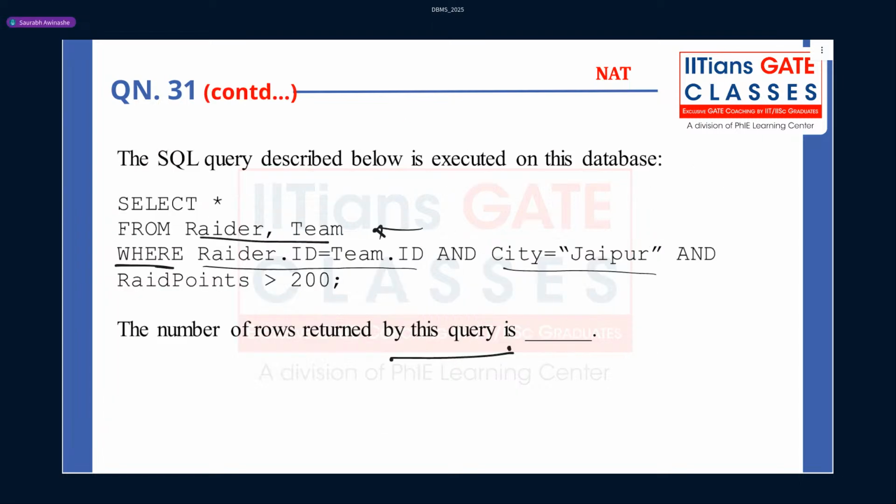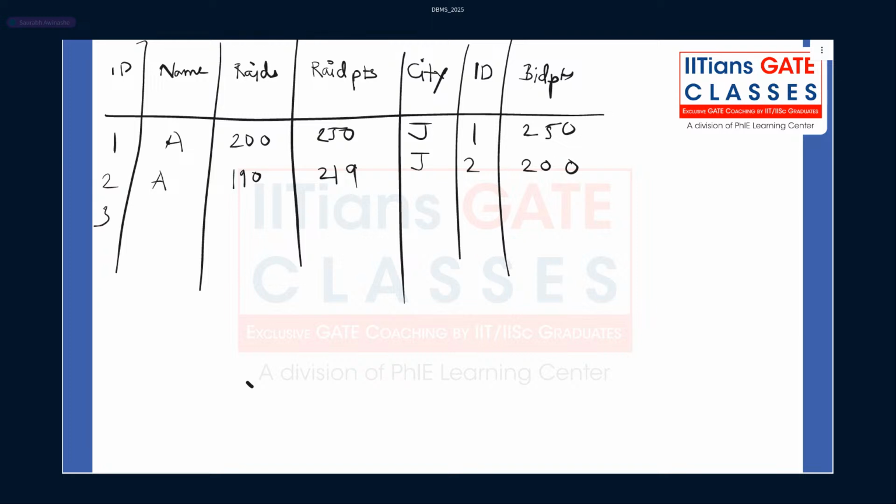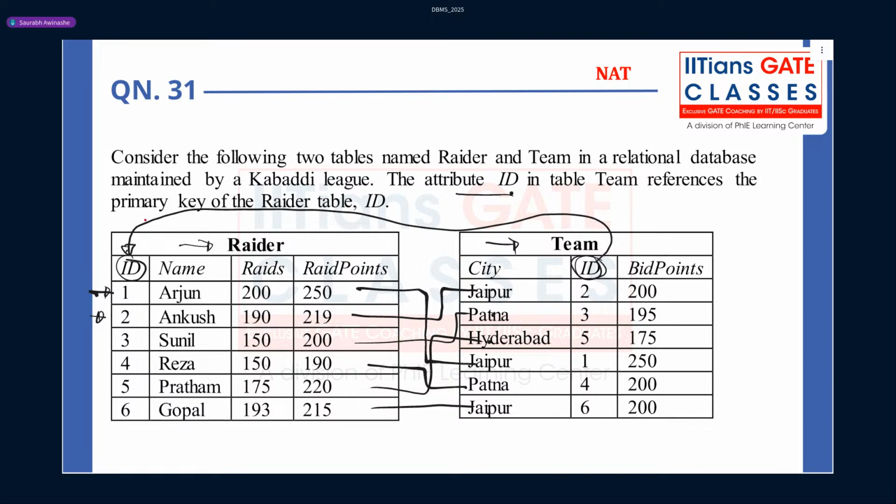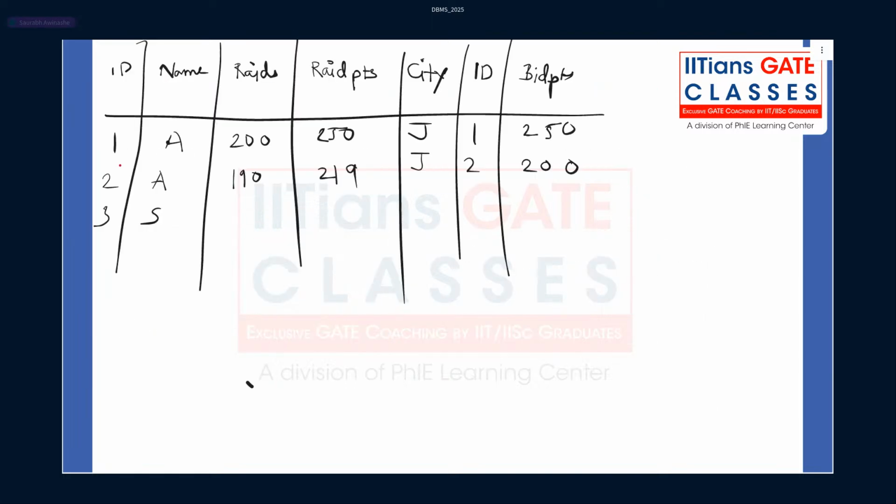Then we have Sunil, who has 150 raids, 200 points.